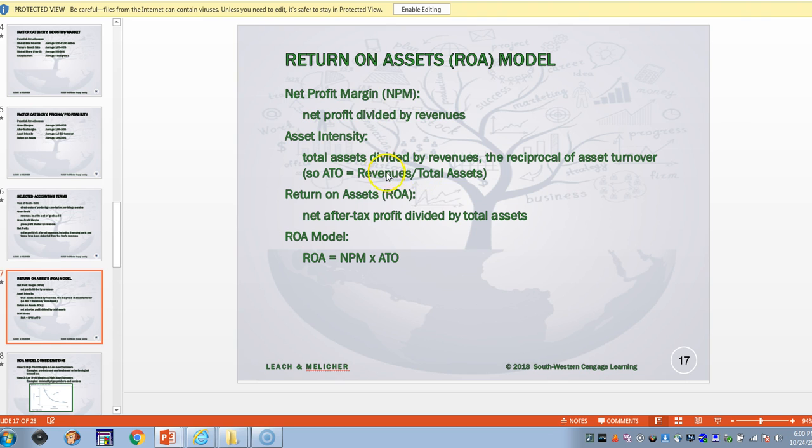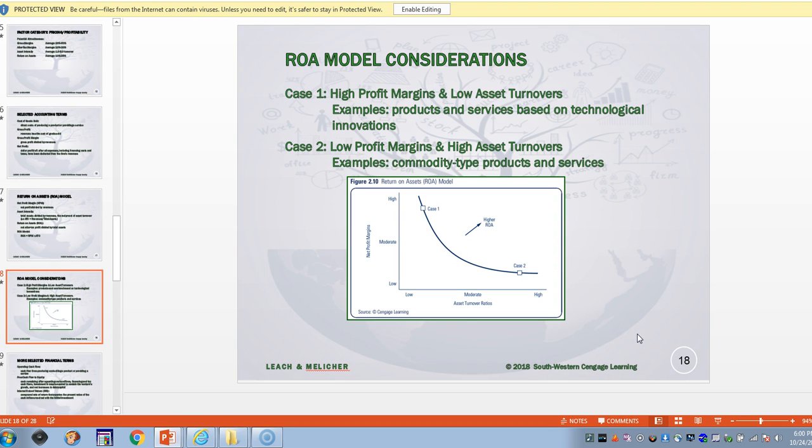So ATO is equal to the revenues divided by total assets. ATO is asset turnover, and return on assets is net profit margin times asset turnover. So there's a couple little minor ratios here that may be important. I wouldn't worry too much about slide 18 here.